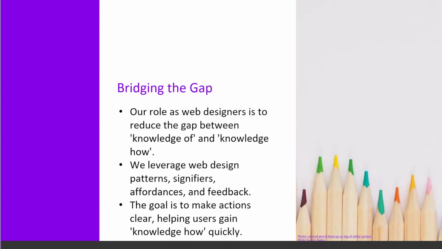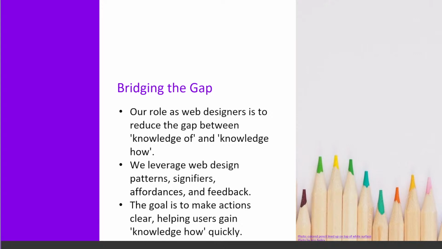Right? So we're going to use signifiers, we're going to use affordances, we're going to use feedback. Those are going to be things that we use to supplement what we might do as training. If you were working with somebody on a job, you might show them how to do something. Again, we don't have the luxury to be able to do that with every single person that visits our website.